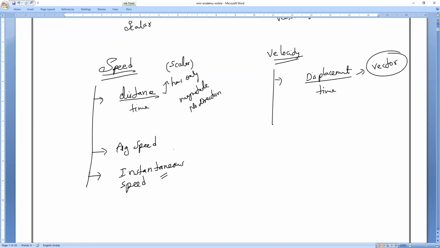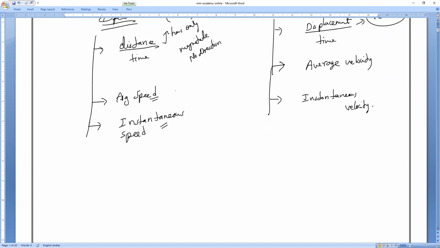Average speed means over the total journey, what average speed you are maintaining. Similarly for velocity, we are going to study average velocity and instantaneous velocity. These are the main things regarding speed as well as velocity.